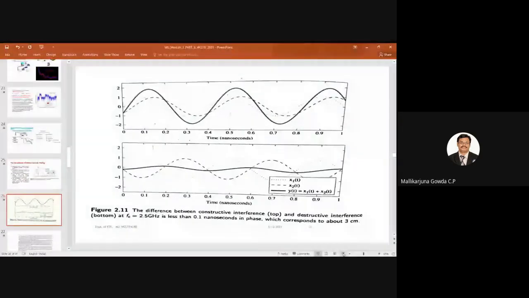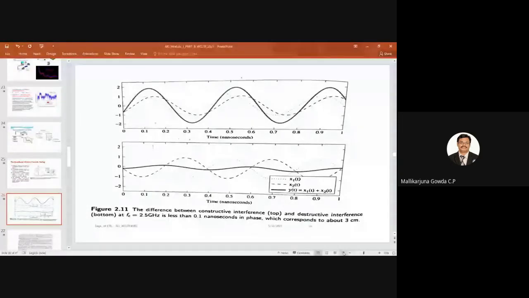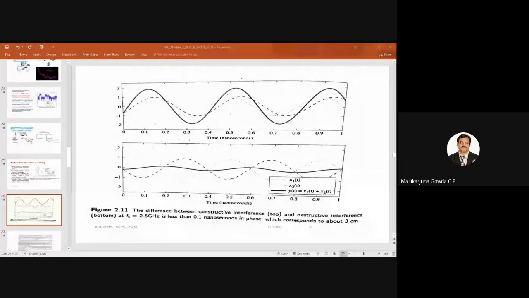Okay, this is the waveform which I wanted to explain, how the signal, at the receiver, if it is received from different paths, that is due to reflection, right?